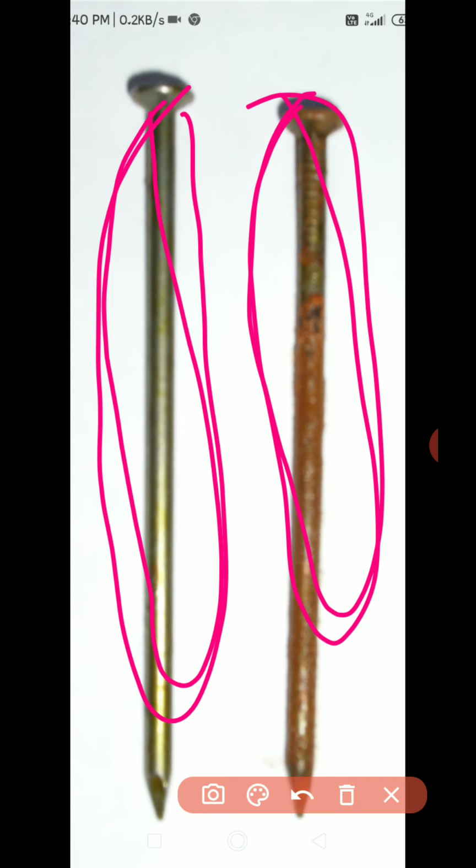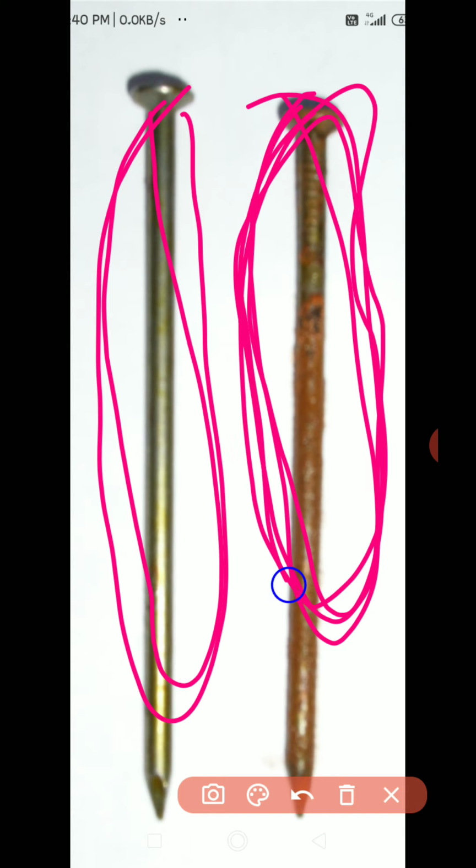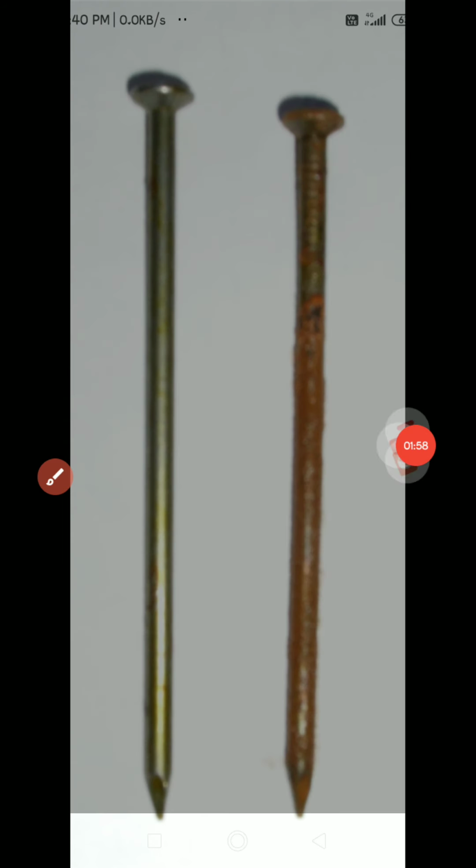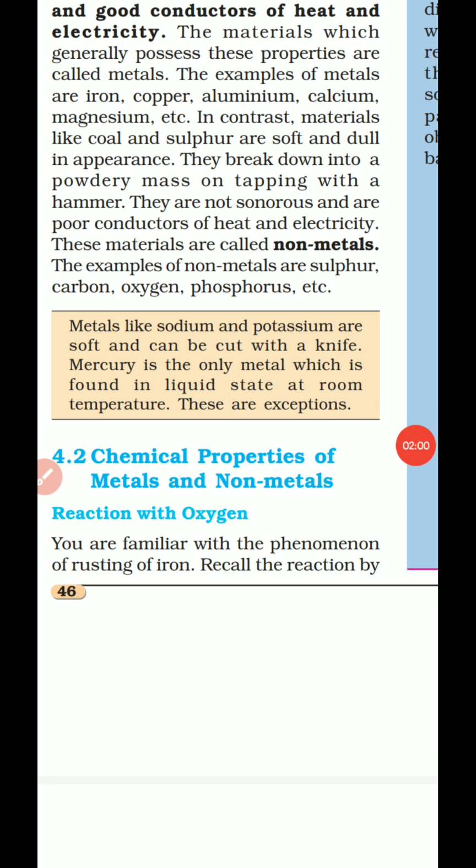This oxygen gas reacts with the iron nail when it is placed in the open environment. When oxygen and iron react with each other, we can see the formation of reddish brown rust on it. Now you got the meaning of rusting of iron, right?